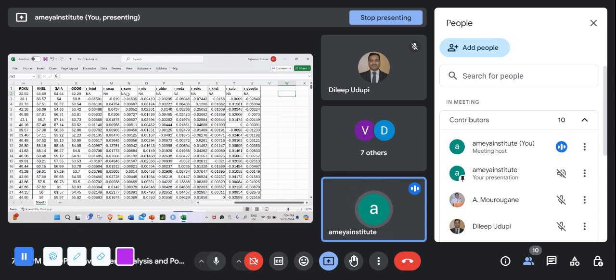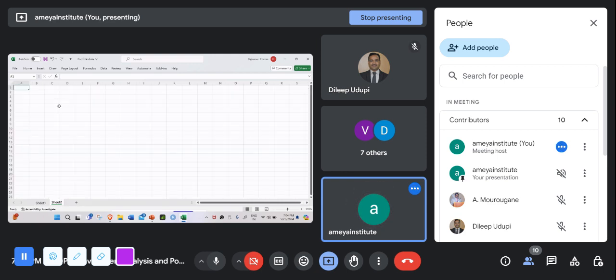Please click on add sheet 2. Click on sheet 2. Okay. Here we'll write down number of stocks.